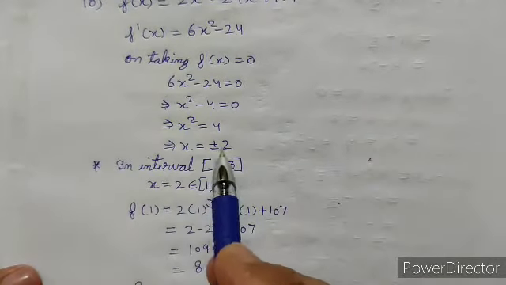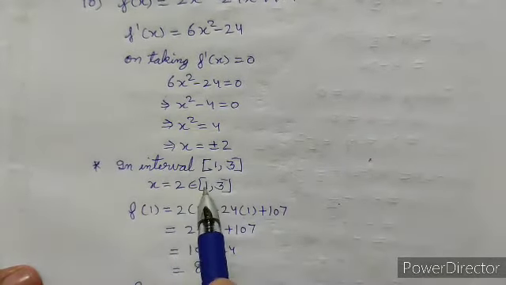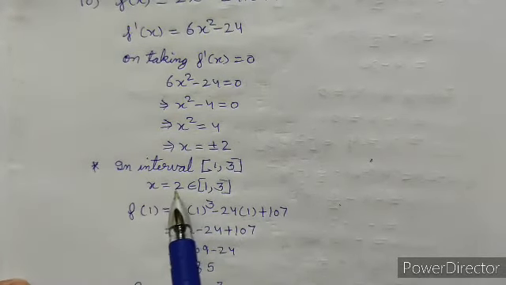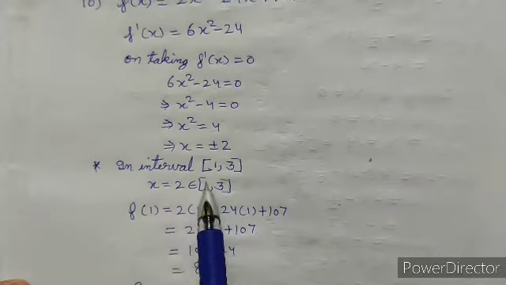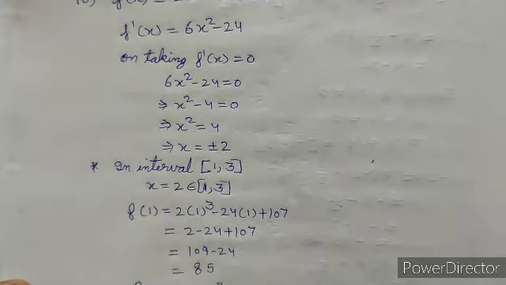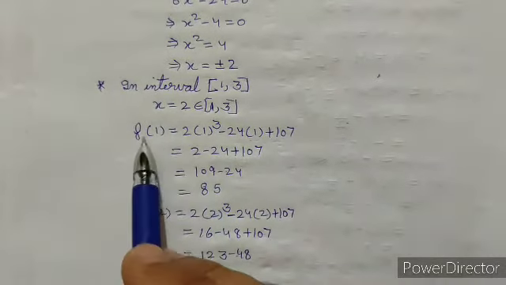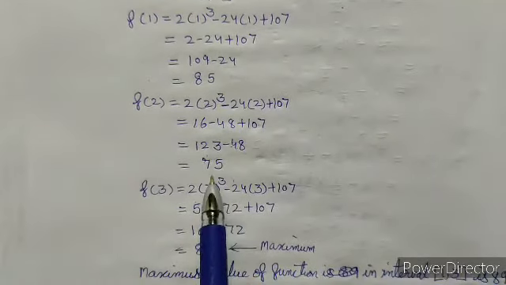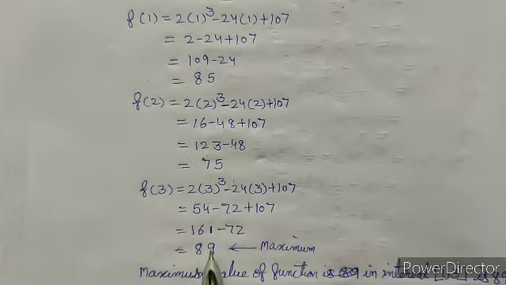Now the value of x will be equal to 2, as 2 lies between 1 and 3. Now we will find the value of the function at 1, 3 and at 2. Now f(1) is equal to 85, f(2) is 75 and f(3) is 89.